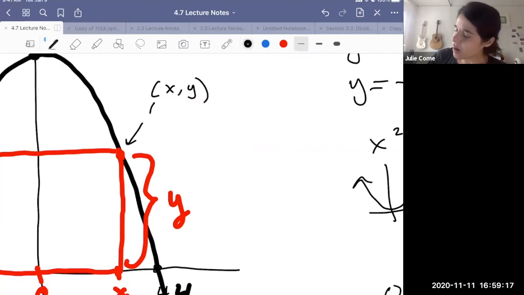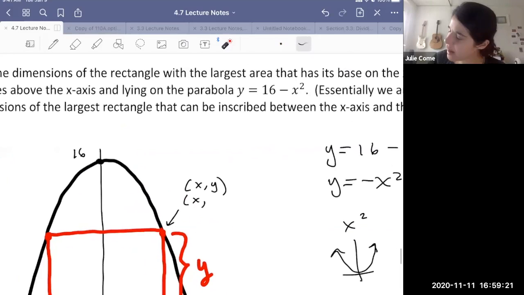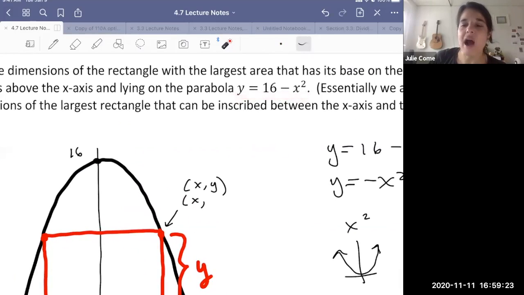Well, yeah, since I'm on this parabola, remember that the equation for the parabola is y equals 16 minus x squared. That means for any point on this parabola, whatever the x coordinate happens to be, the y coordinate has to be 16 minus the x coordinate squared. That's what the y coordinate is on this graph.